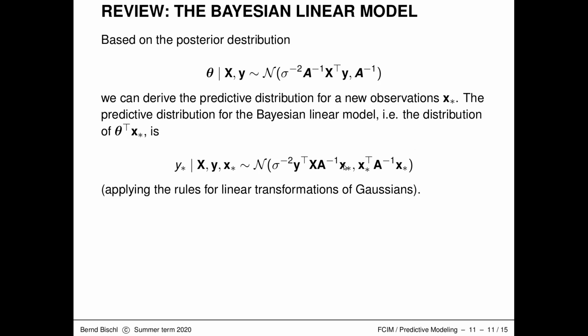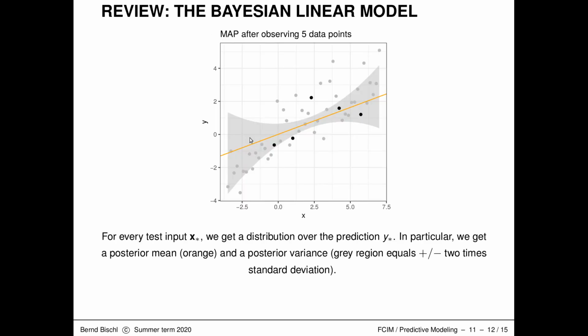And I'm also visualizing the posterior variance. I compute the posterior variance, take the square root of that to get a standard deviation, and then do plus minus 2 times the standard deviation. This is the grayish envelope that you see around the orange line. I can do this after observing 5 data points.